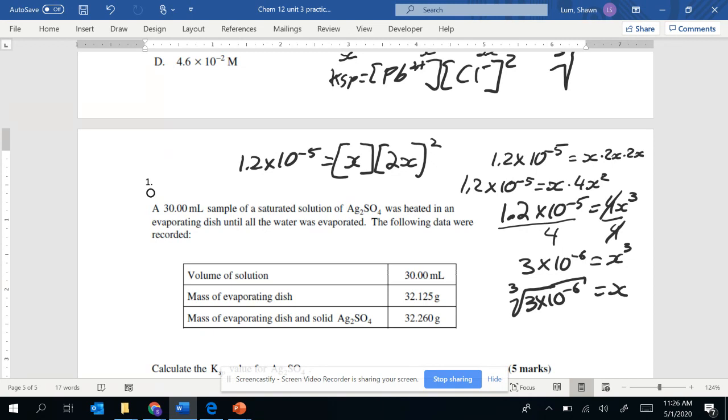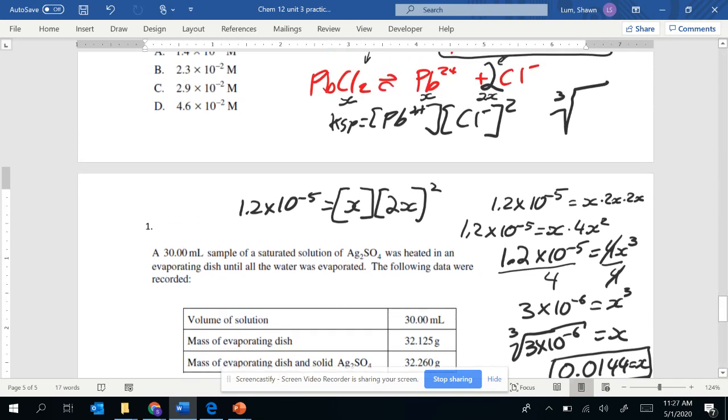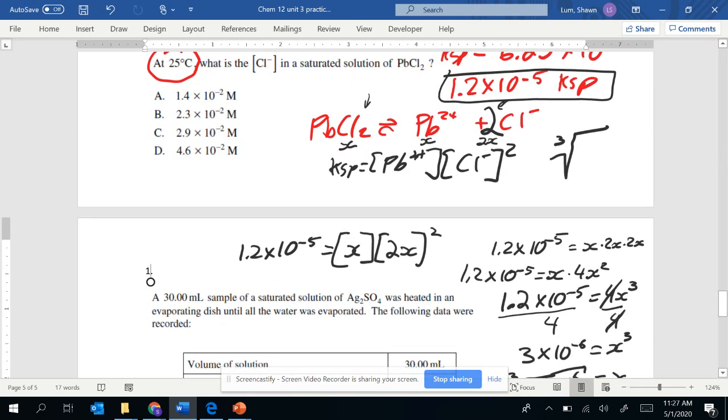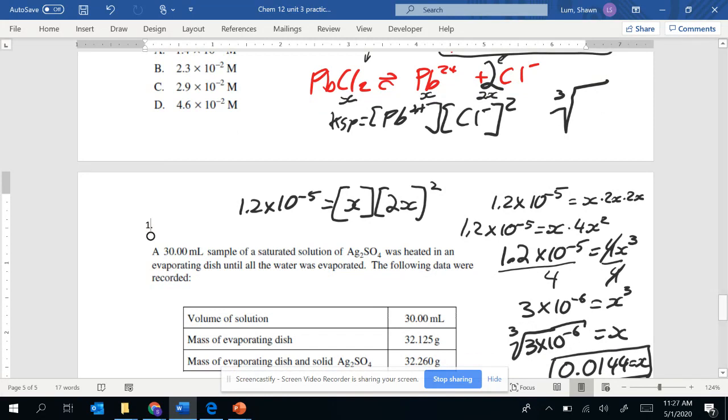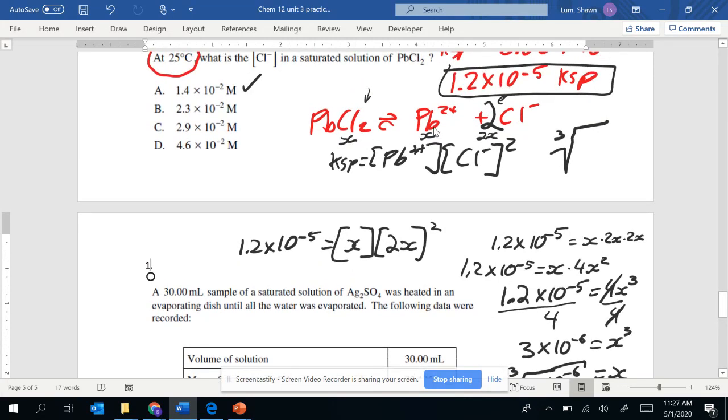And that equals 0.0144 equals x. Okay. There's a lot of math on that one. 0.0144 equals x. And we see that answer right here. And people are just going to be like, oh, I finally found an answer that matches up there. That's x.